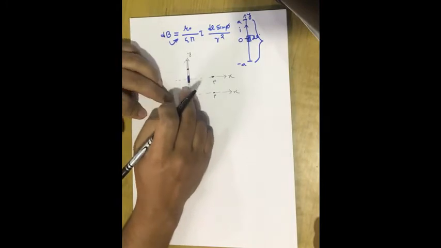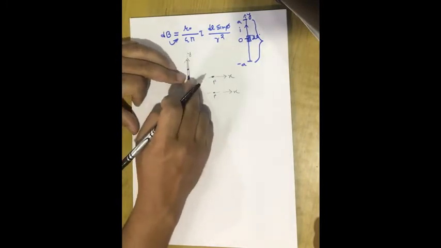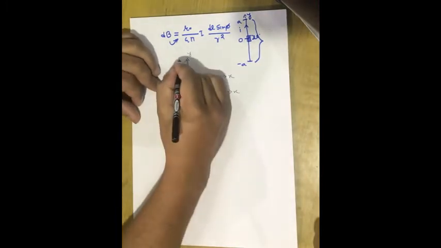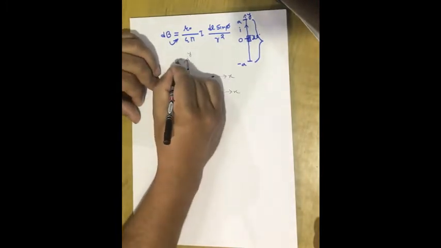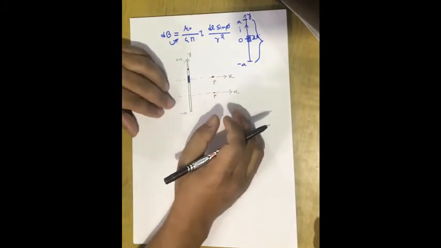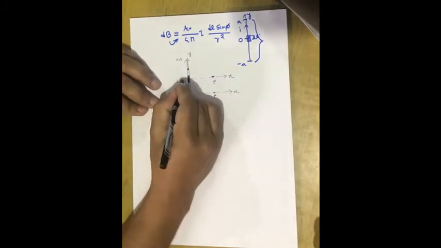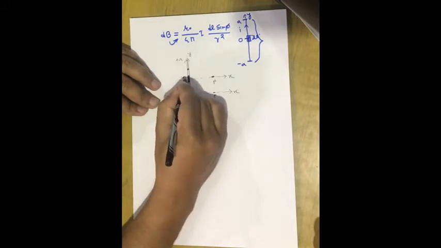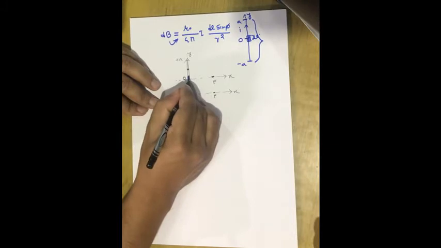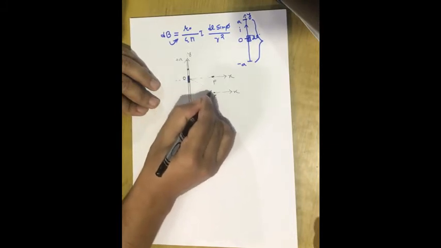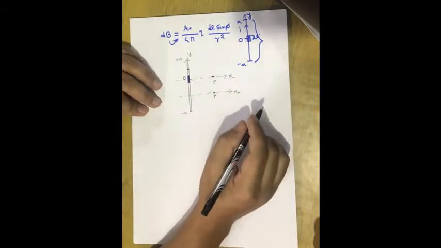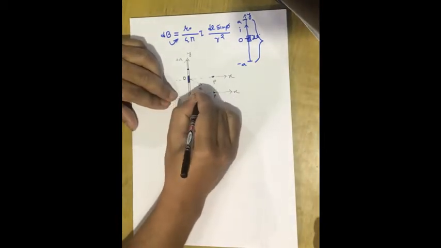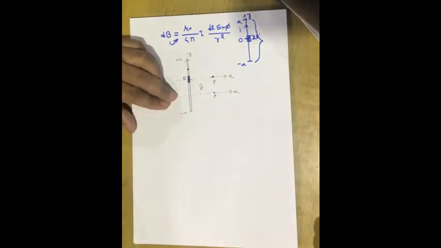We are going to determine the magnetic field at the point P. First, the magnetic field at the point P due to the current element dl, then we integrate from minus a to plus a to get the net magnetic field. Suppose the center of the current element is the point O, and from O to P we join a line. So OP is our position vector, and r cap is a unit vector along that direction.